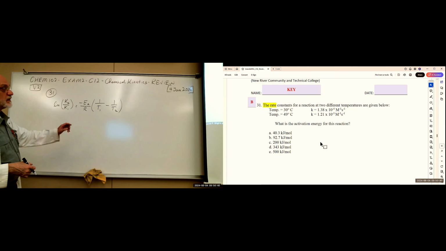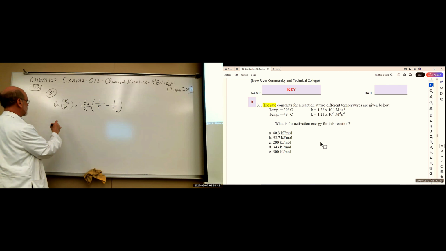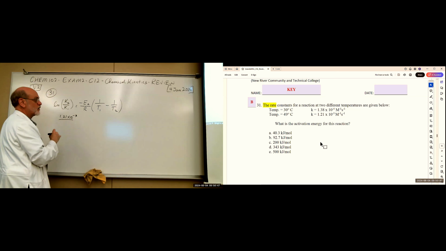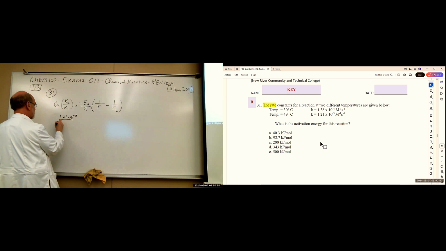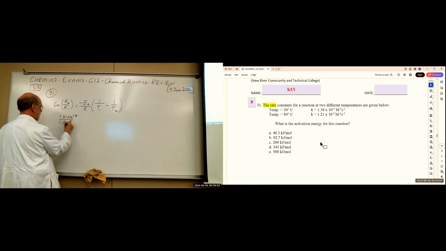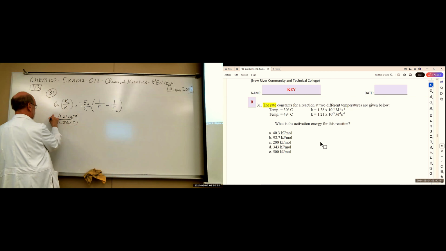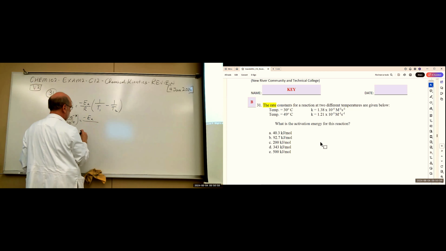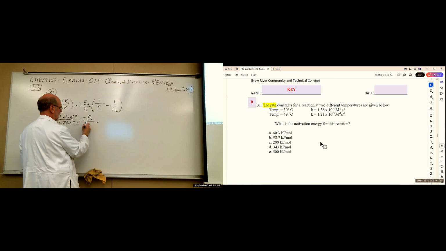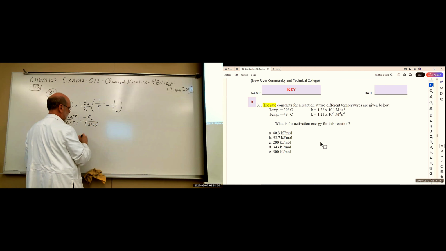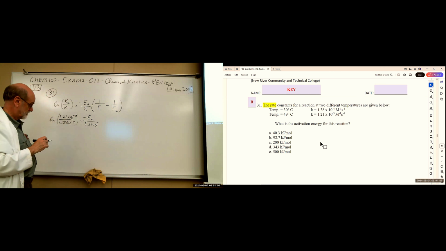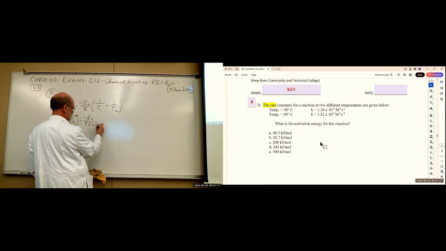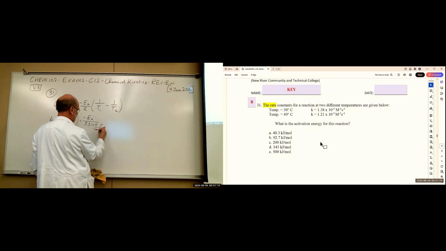So what's K2? It's 1.21 times 10 to the minus 3. And K1 is 1.38 times 10 to the minus 4. Natural log of that. Then we have, this is our unknown. And what's the R value? 8.3145, which is joules per mole.